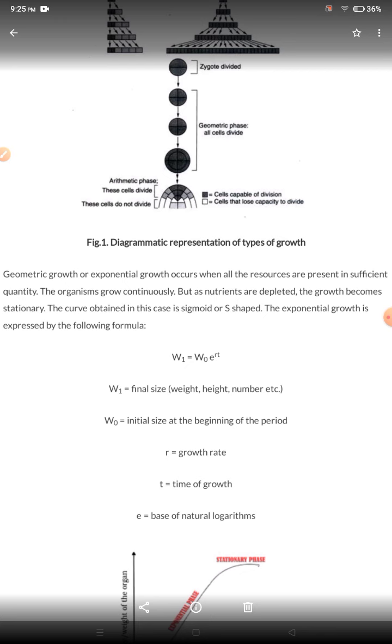And we call it the lag phase. After this, there is a rapid rise in growth. We call it the exponential phase, and we also call it the log phase.